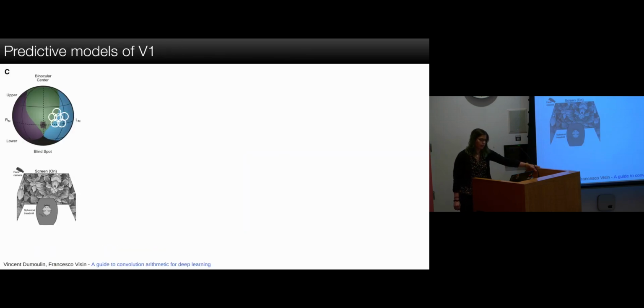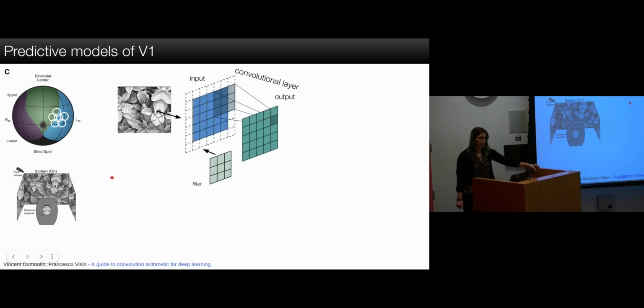And so we build a predictive model of V1, and some of you might have seen these models before. Basically, we're going to use a convolutional layer in space. We have our input, which is this image here, and a filter that runs along the image. At every position, it takes a dot product between the image and the filter, and that's the output for each of these dots.